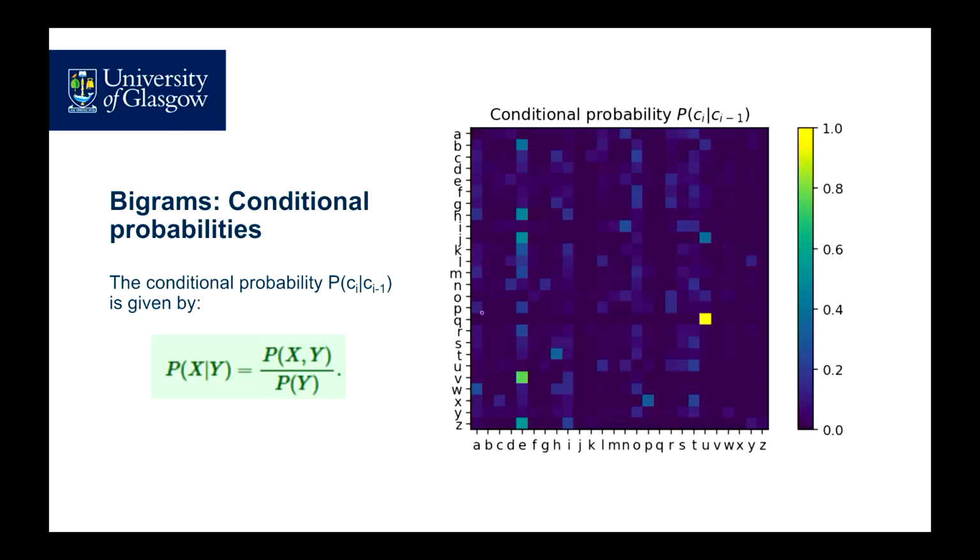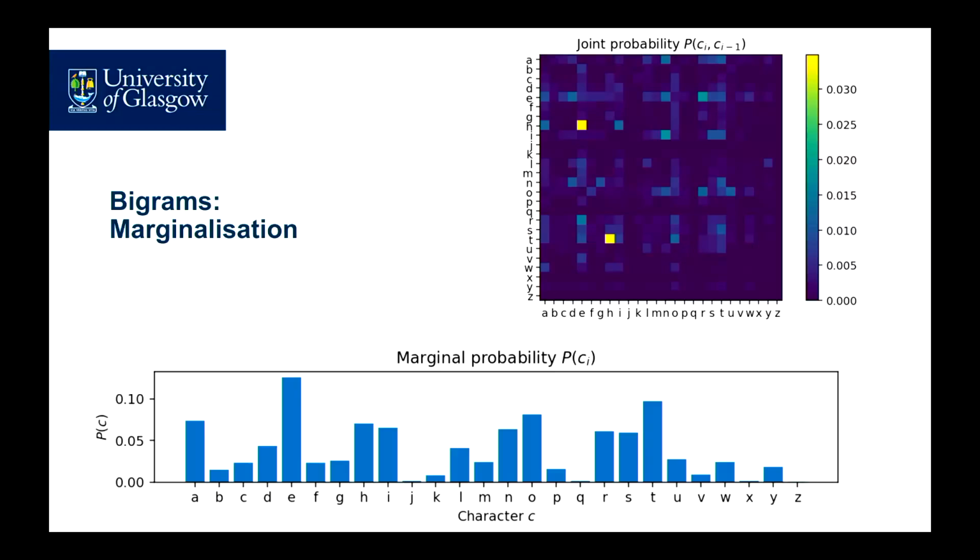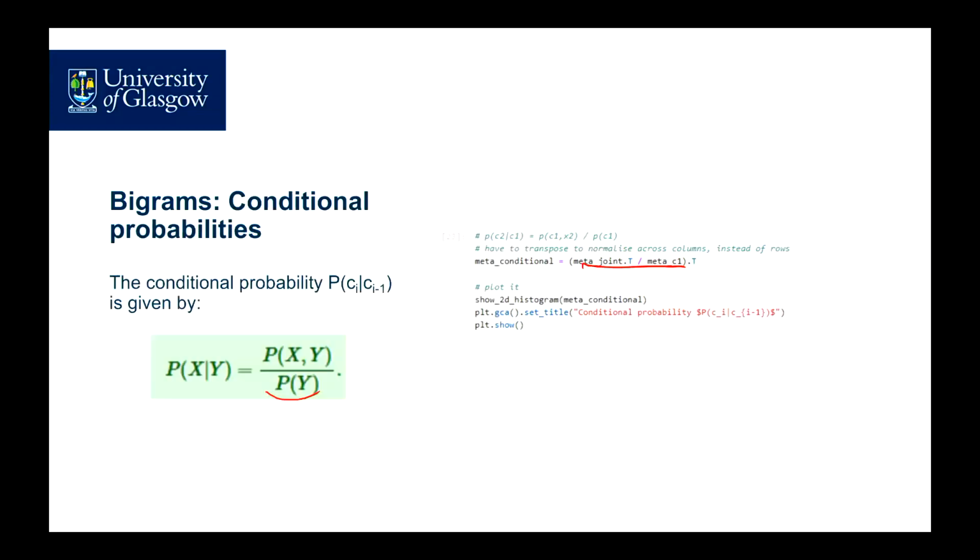The prevalent thing we would have expected is that if the previous letter was a Q, then the following letter is extremely likely to be a U, with a probability of nearly 1 in this case. That's a much higher probability than anything we've seen before. As a check, if we go back to the joint probability, there was really not that much probability for Q and U, because this is not such a frequent combination of characters. So that shows you the strong difference between those two concepts.